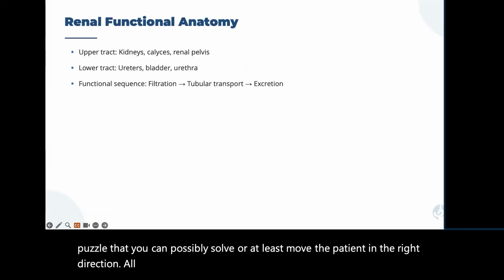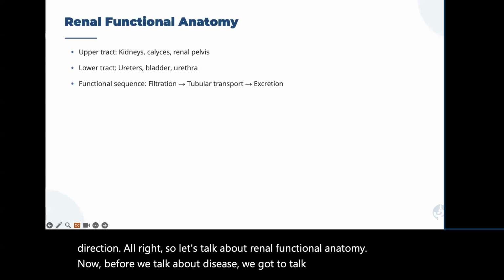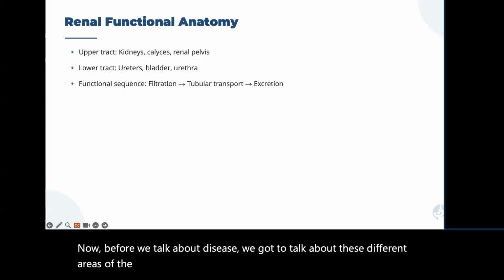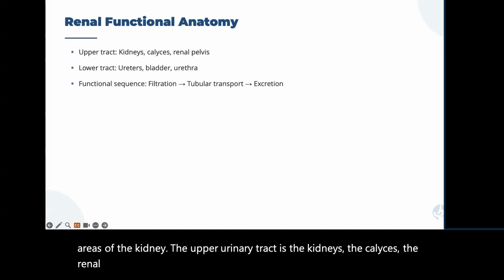All right, so let's talk about renal functional anatomy. Now, before we talk about disease, we've got to talk about these different areas of the kidney. The upper urinary tract is the kidneys, the calyces, the renal pelvis. This is where filtration and concentration occur. This is the site of most renal pathology.